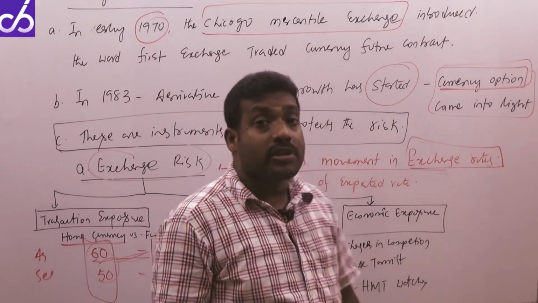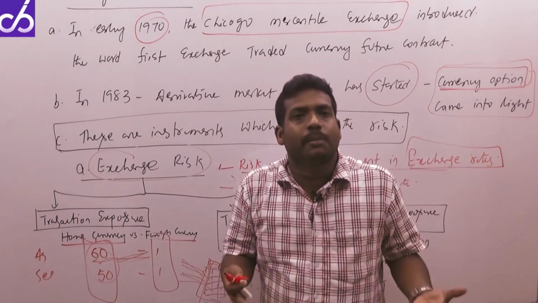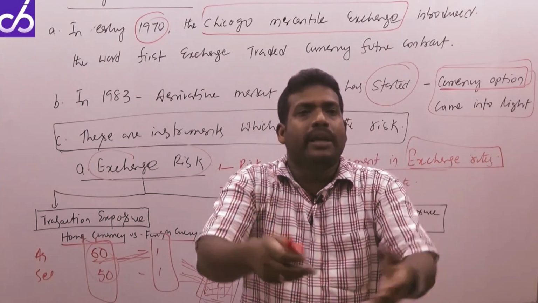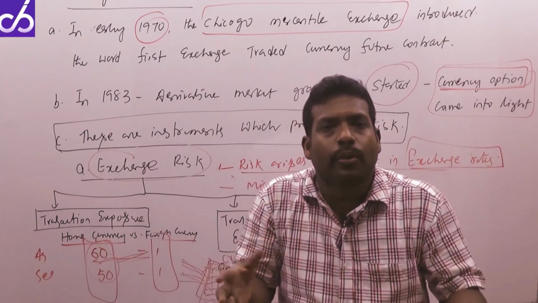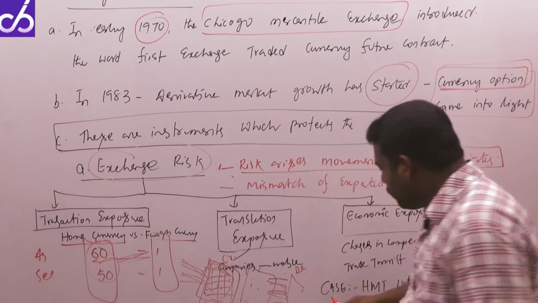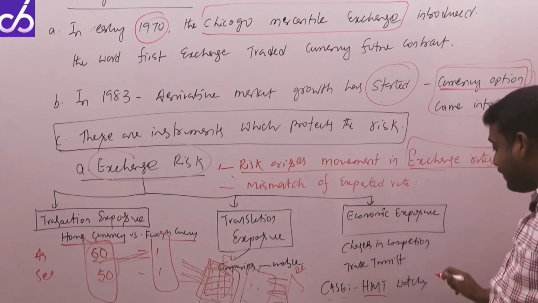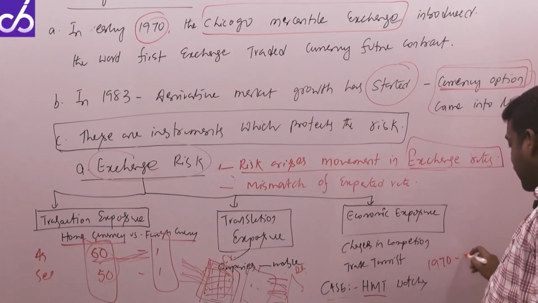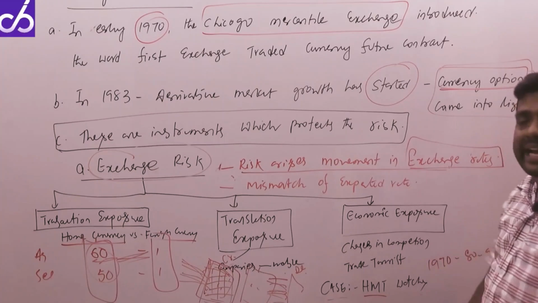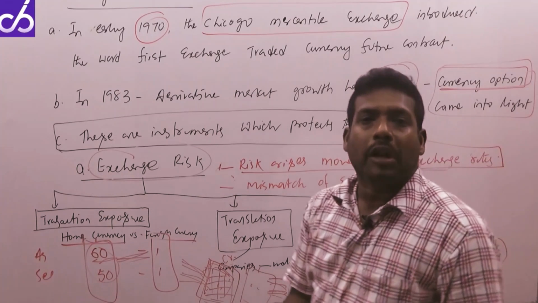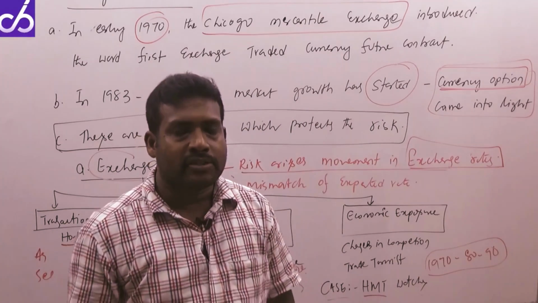And economic exposure risk. Economic exposure risk means you used to make a transaction comfortably, but suddenly you will lose your market. For example, I will give you a small case study, HMT watches. Once it was very popular from 1970 to 80, even the early 1990s. HMT watches were very, very popular. But after 90, the HMT watches demand collapsed utterly.